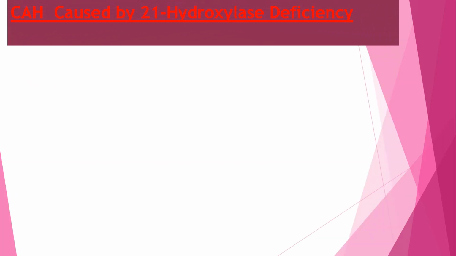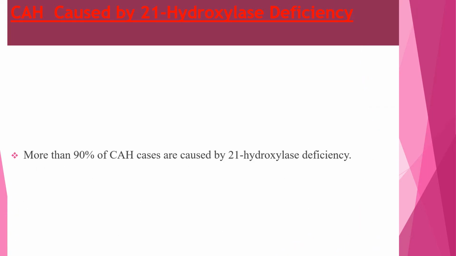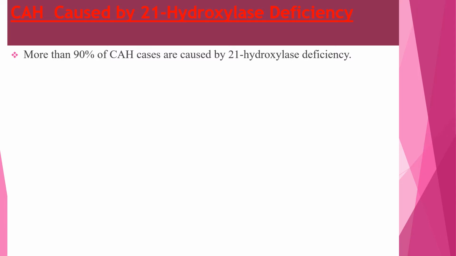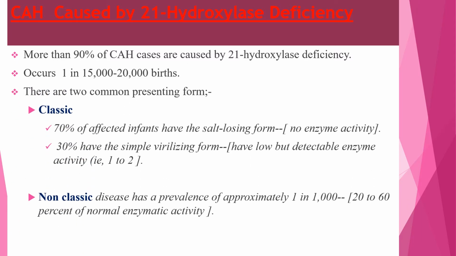The most common cause of congenital adrenal hyperplasia, or CAH, is 21 hydroxylase deficiency, responsible for more than 90% of CAH cases, and it occurs in 1 in 15,000 to 20,000 births. There are two common presenting forms, the classic and the non-classic type.